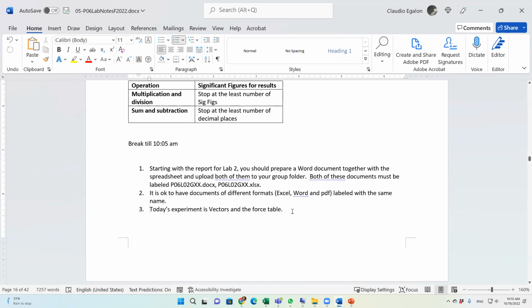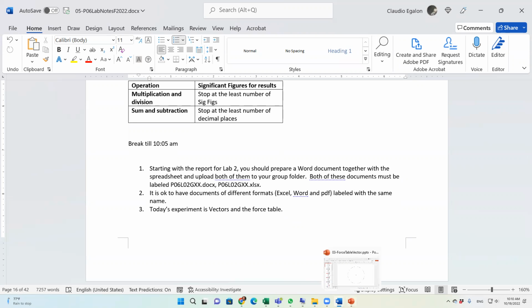And now to the experiment on vectors and the force table. We do this experiment so you can see in real life how vectors operate, how vectors behave. It's a real neat thing because you see in real life how vectors behave.